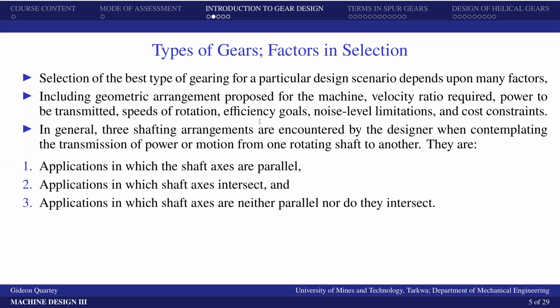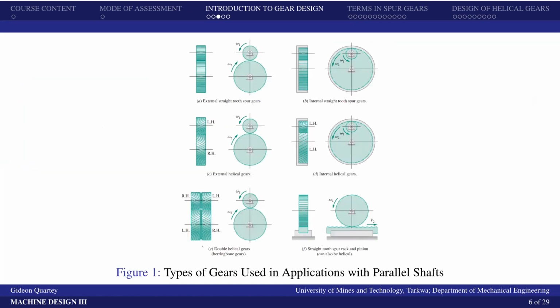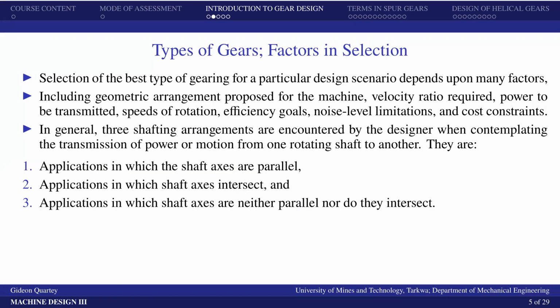Some gears are noisy, some have less noise. Then there is the cost constraint too. Some gears are expensive to manufacture and some are less expensive. So depending on the scenario, a typical gear set could be used.